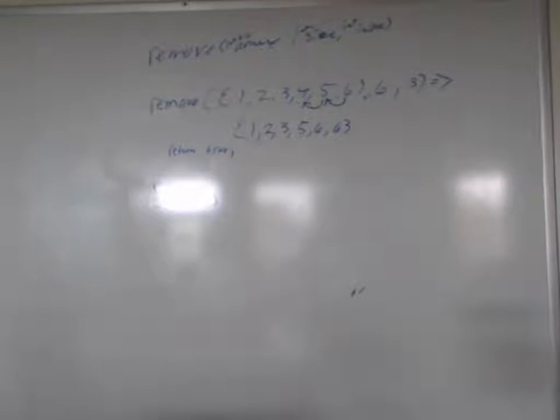You are changing the contents of the array. So you're not actually decreasing the size of the array, you're not actually removing anything. No. You're just moving everything. That's correct.